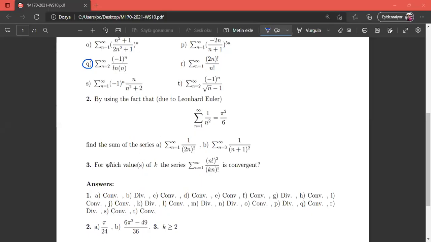Now the third question. Right, we will find the values of k so that this given series is convergent.